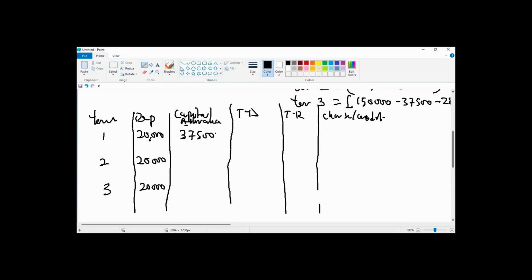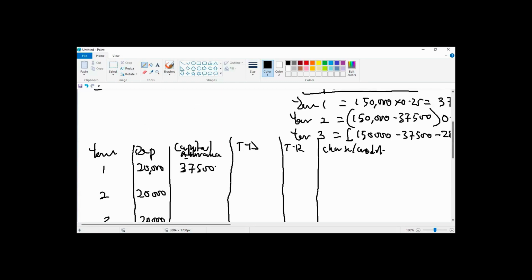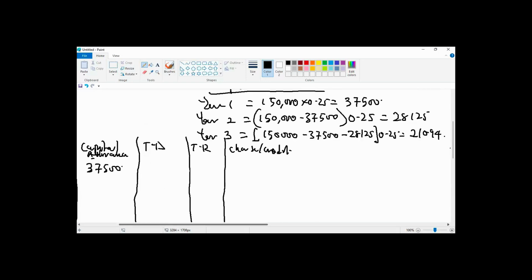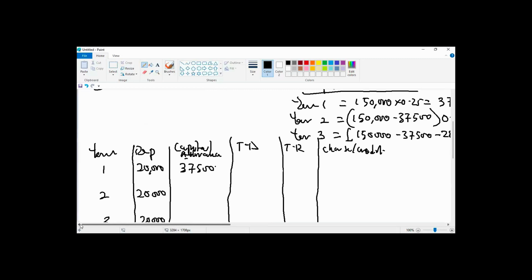What is the capital allowance in year 2? Let's check. Year 2 is 28,125, and 21,794.